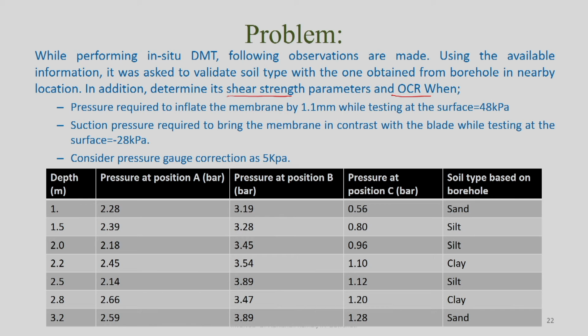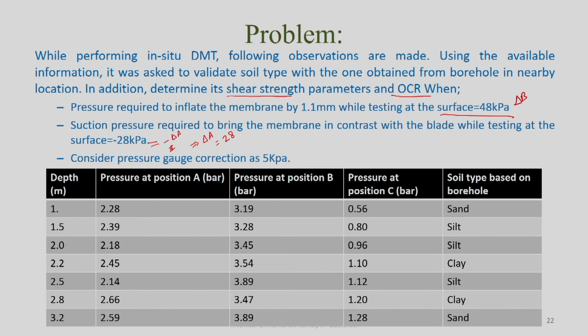The pressure required to inflate the membrane at the ground surface will be 48 kPa. So it's like delta B. The suction pressure required is given as minus, so this value is minus delta A. As I mentioned earlier, delta A will always be minus because it is actually suction pressure.